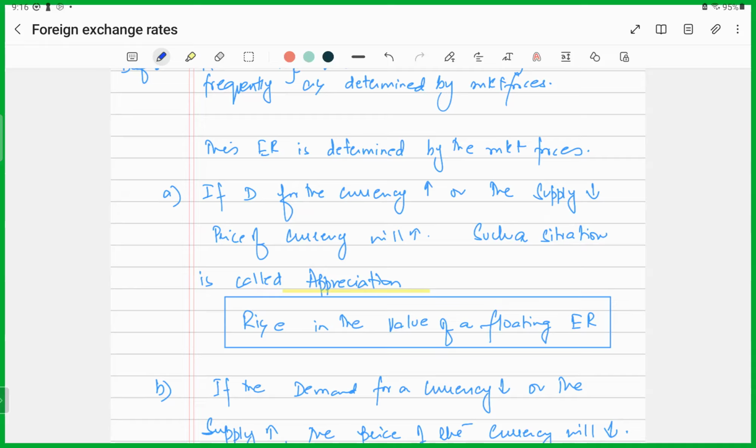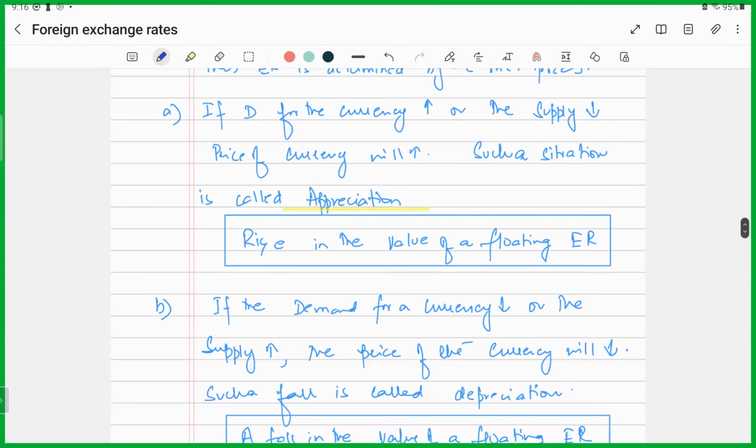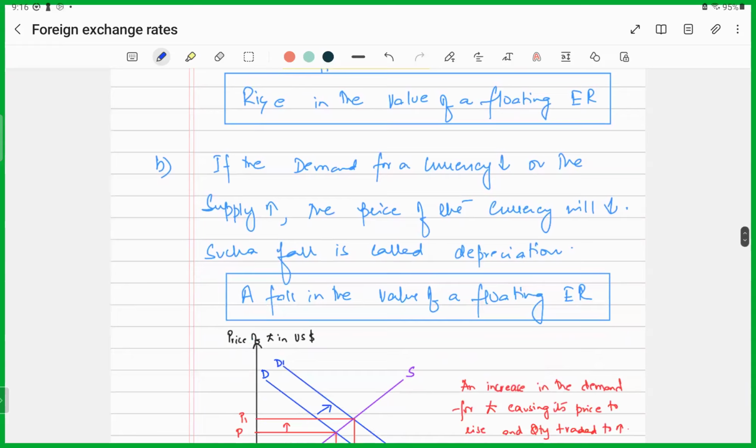So, how would you define depreciation? However, if the demand is falling or the supply is increasing, the price of the currency will what? Fall. Under free market conditions, the price of the currency is going to fall in terms of another.